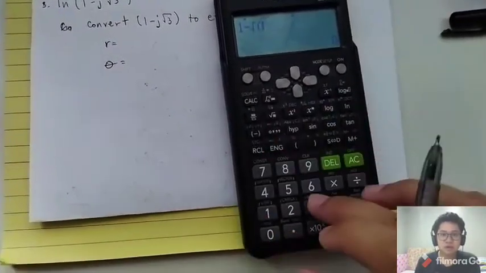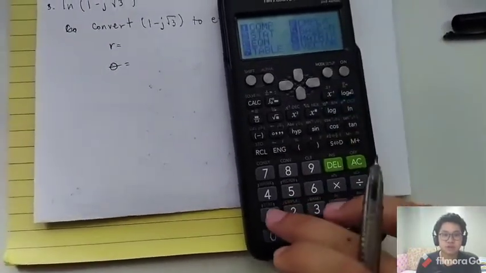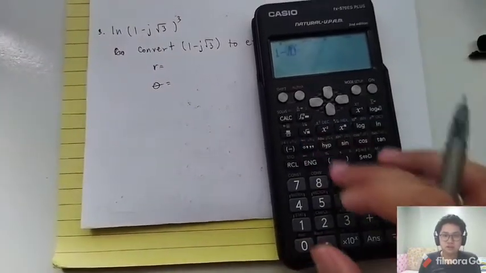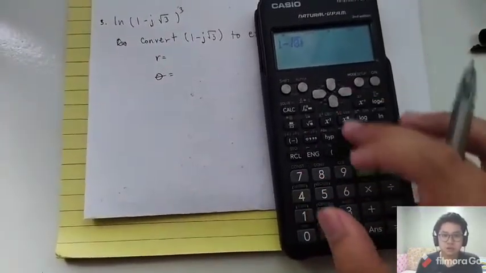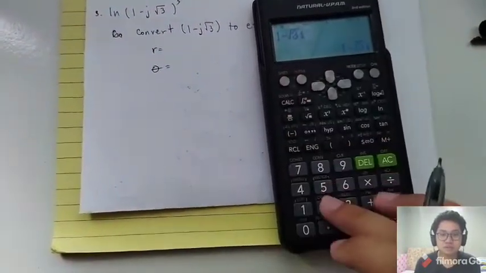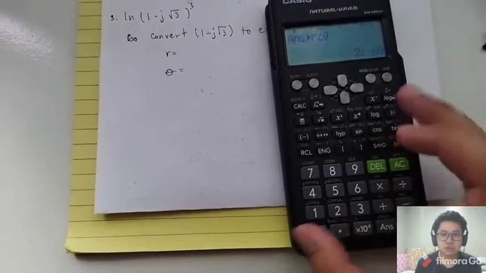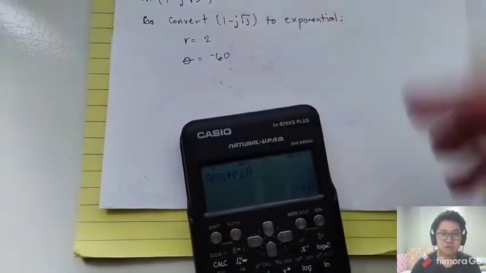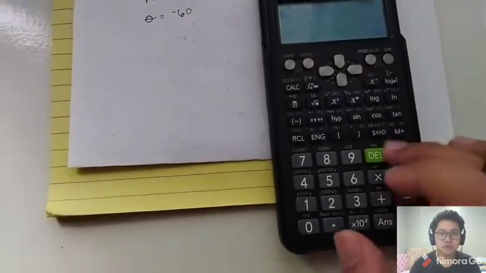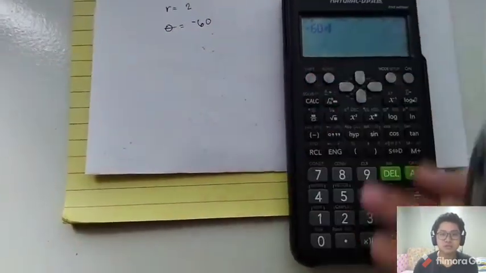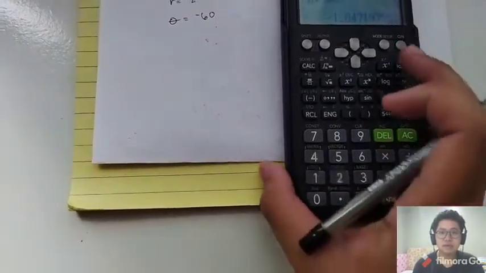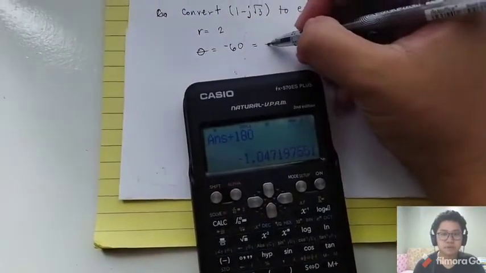For manual calculation, we just use the Pythagorean theorem for r and the angle, which is arctan of y over x. But in the exponential form, we need to use radians, so the angle would be multiplied by pi over 180. So that gives us r of 2 and a theta in radians, which is negative 1.05 radians.